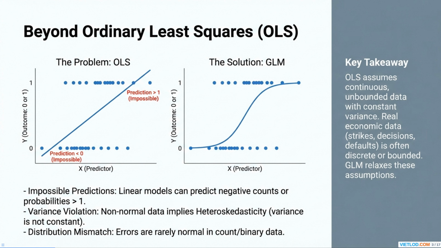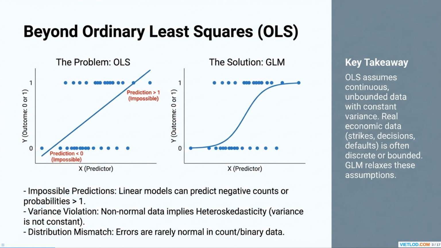The first major issue with ordinary least squares, or OLS, is its inability to handle bounded outcomes. As illustrated on the left, for binary variables like a loan default, which can only be 0 or 1, a linear OLS model can produce impossible predictions, like probabilities greater than 1 or less than 0.